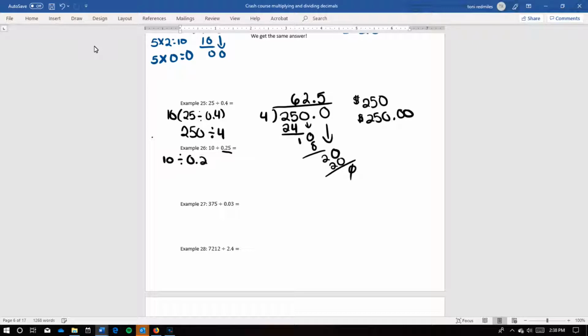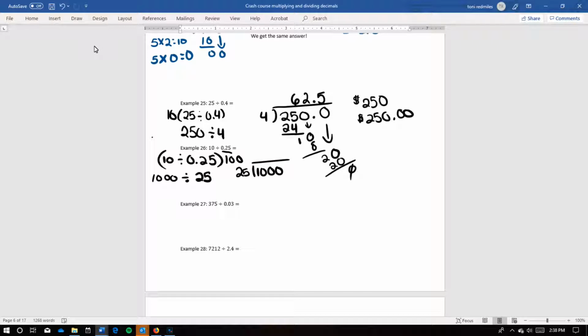I have to multiply it by 100. So 100 times the 10 is going to be 1,000. And if I multiply 0.25 by 100, I get 25. It just moves the decimal 2 places to the place value that it was in. All right, so let's go ahead and set this one up.